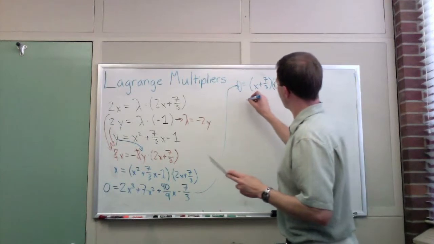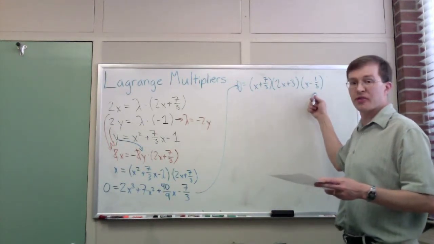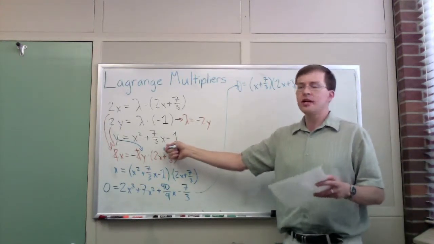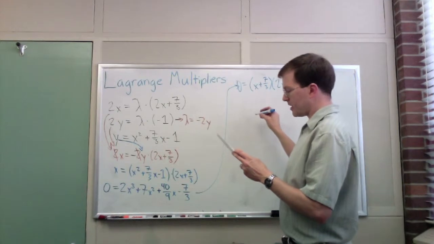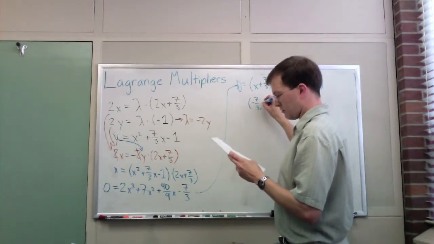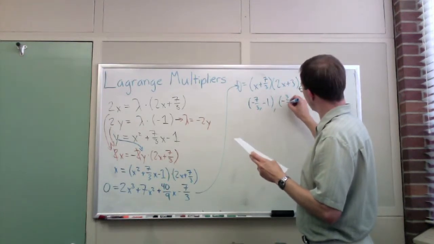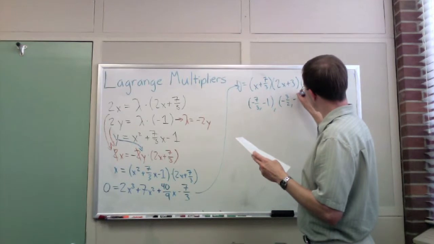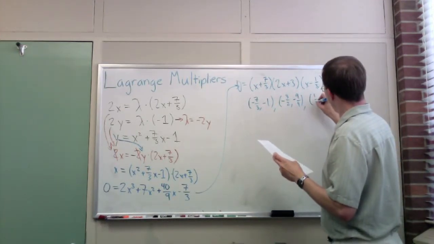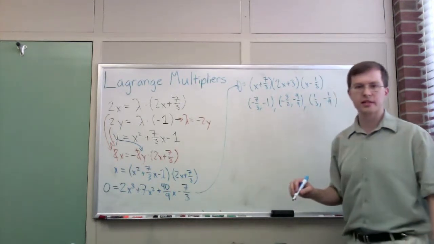So in other words, this tells me my 3 x values. I can plug those back into my constraint to find my 3 y values, and I'm set. My 3 points end up being minus 7/3, minus 1, minus 3 halves, and minus 9/4, and finally 1/3, minus 1/9 are my 3 points that I come up with.